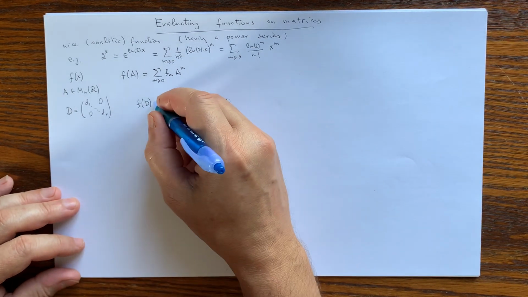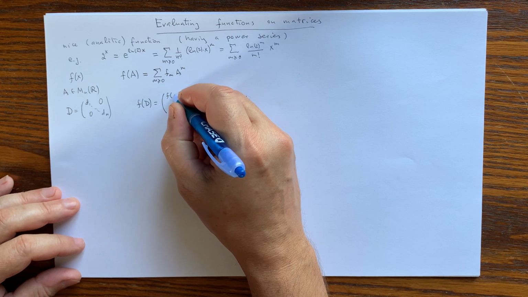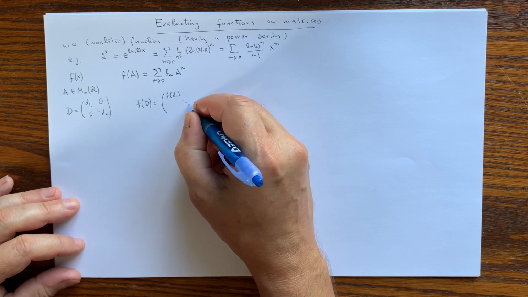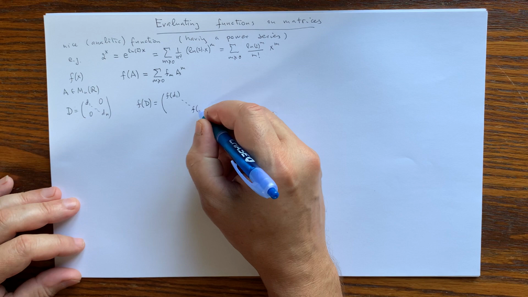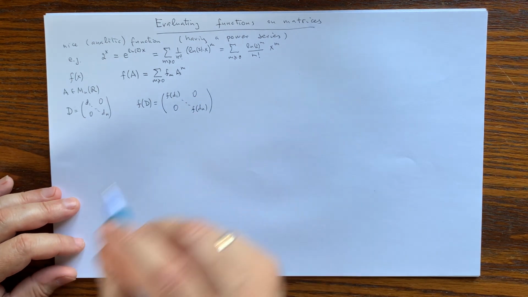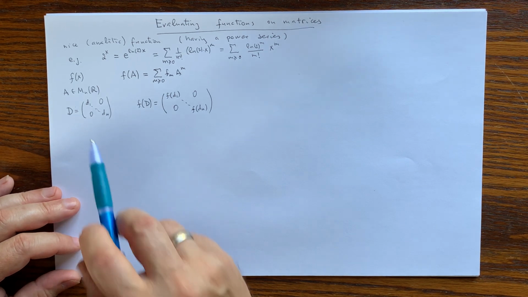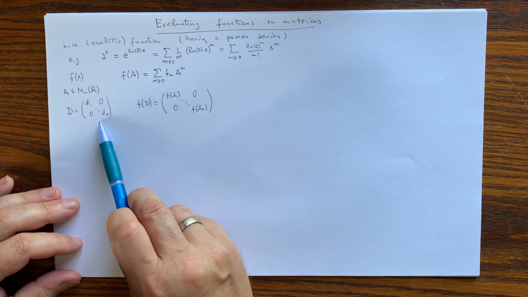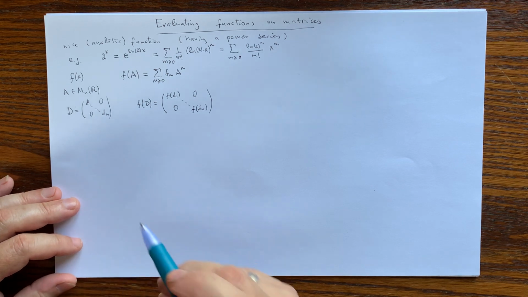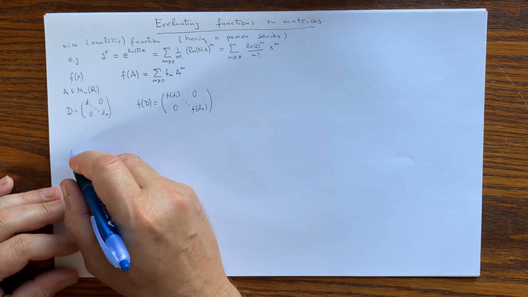And I'll just jump straight to the answer, and the answer will be, okay, we apply the function to the non-zero entries sitting on the diagonal, keep them where they are, and that will be the answer. And why is that? It is just a consequence of easy arithmetic of diagonal matrices. So diagonal matrices add and multiply in an easy way. Rules of addition and multiplication are easy.